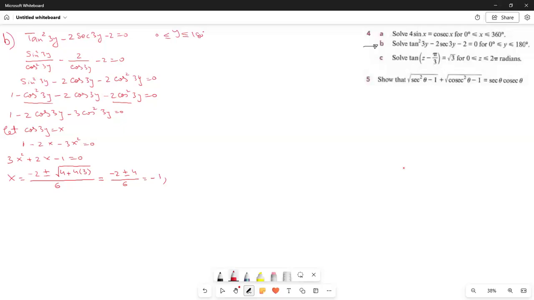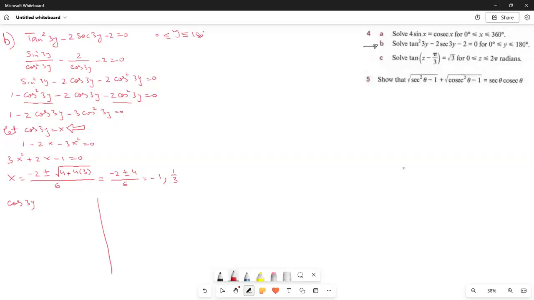One answer is minus 1. The other answer is 4 minus 2, which is 2, and 2 over 6 is 1 by 3. So I have these two answers: minus 1 and 1 by 3. Now you see x is cos of 3y. Remember, this is what I'm talking about.